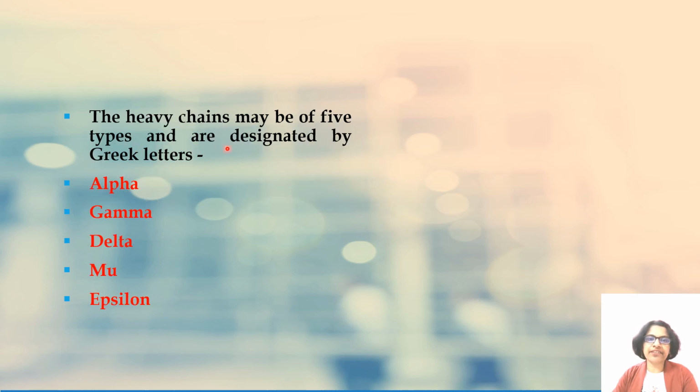The heavy chains may be of 5 types, and these are designated by the Greek letters alpha, gamma, delta, mu and epsilon.